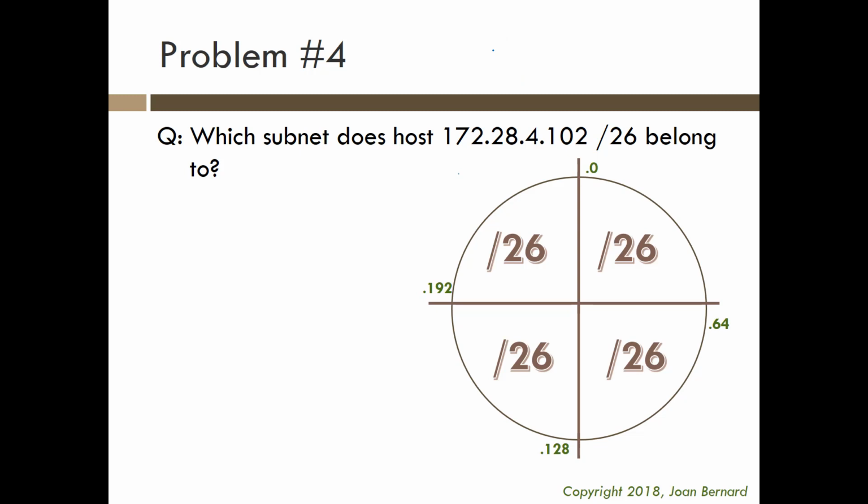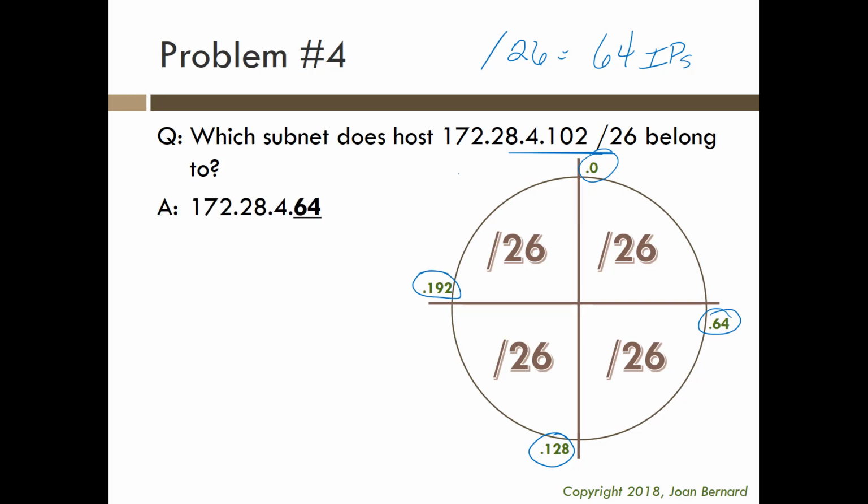A /26 has 64 total IPs. The only possible starting points are 0, because you can always start a network at 0, and then anything that's a multiple of 64. Add 64 to 0, I get 64. Add 64 to 64, that's 128. Add 64 to 128, that's 192. Those are my four network numbers.